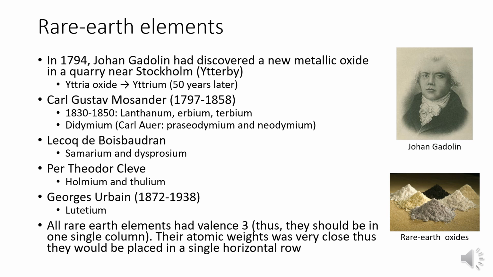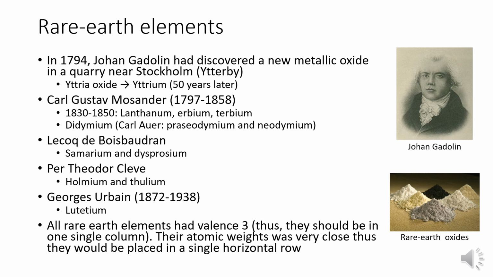So it placed the discovery of the element near in time with the development of Mendeleev's periodic table. Similarly, between 1830 and 1850, Carl Gustav Mosander discovered what he thought to be new rare elements: lanthanum, erbium, and terbium.